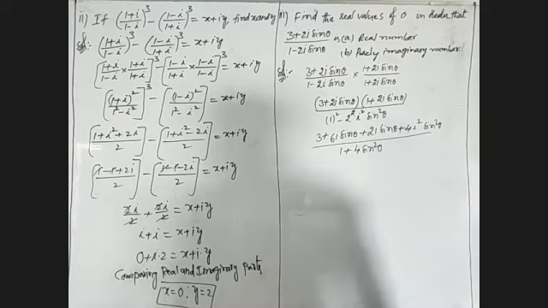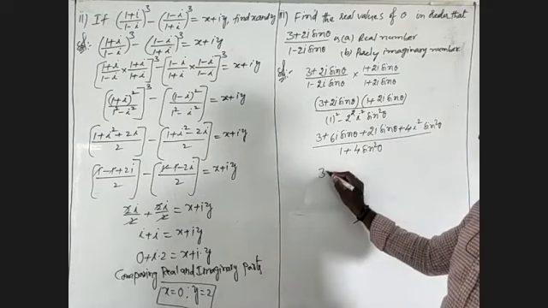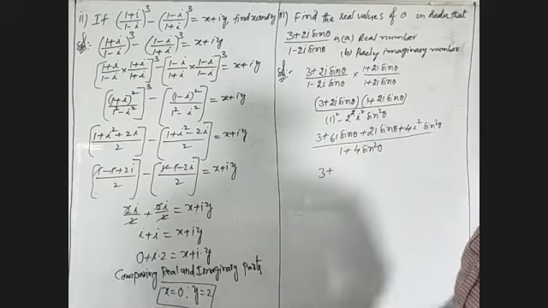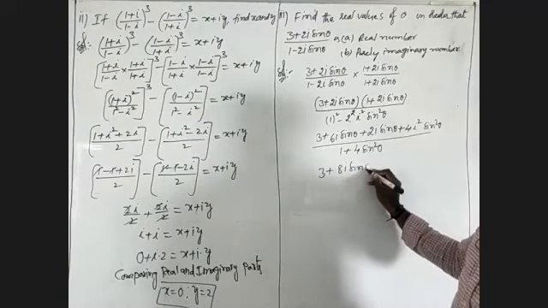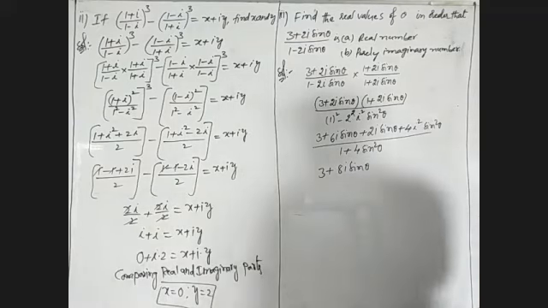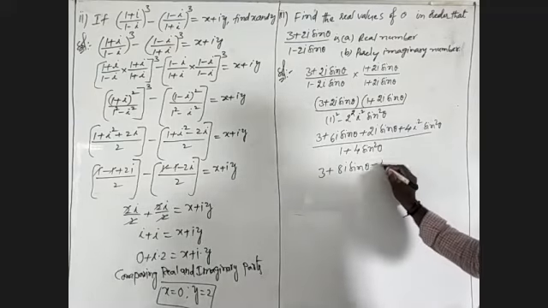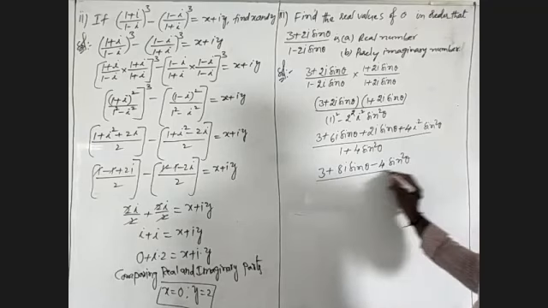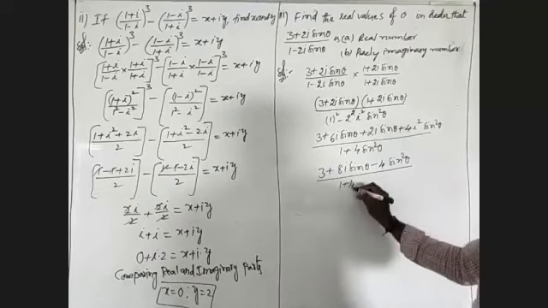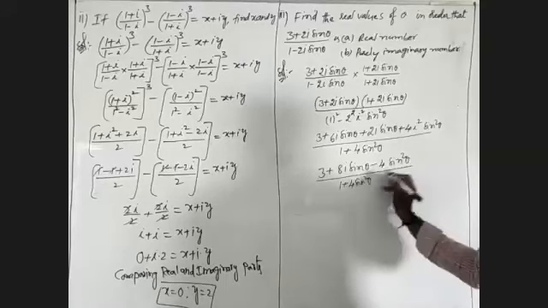That means 3 plus 6i sin theta plus 2i sin theta, that must be written as 8i sin theta. Here i square becomes minus 1, that must be written as minus 4 sin square theta, by the denominator 1 plus 4 sin square theta.